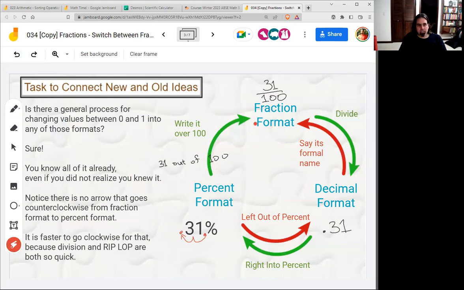It is so easy, especially on the GED when you're allowed to use a calculator almost all the time, to just do the division, get the decimal, and then scoot it twice, bonk, bonk, and then you're done. So if you want to go from fraction to percent, don't do it directly, take 2 steps. It will still be much faster.